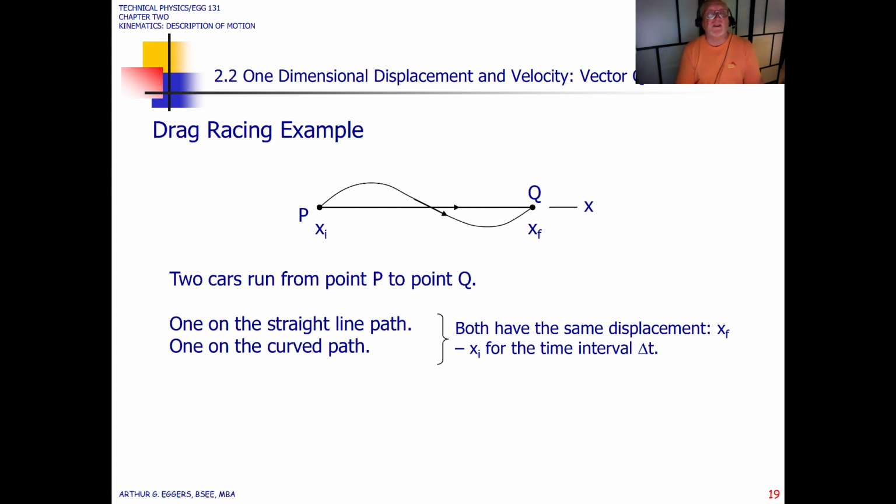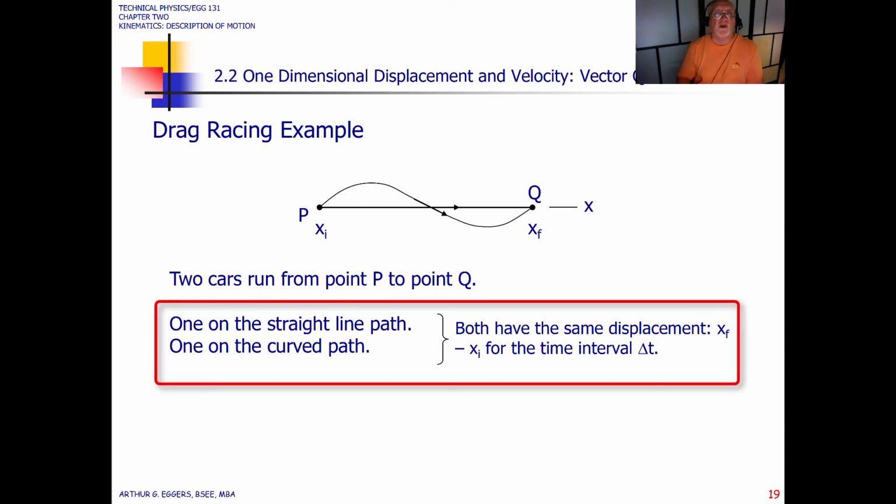They both got from the initial point to the final point, P and Q, but they covered it in different paths. So we've got the same displacement, although the distance that one went is a little longer than the distance the second went.